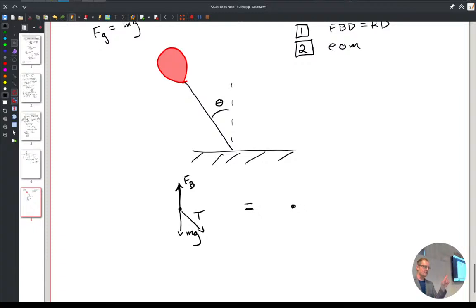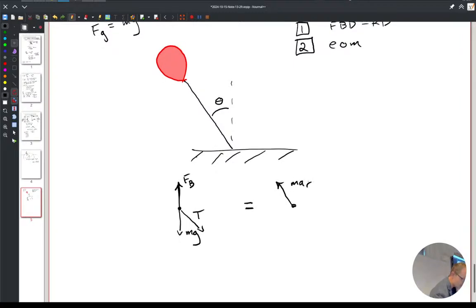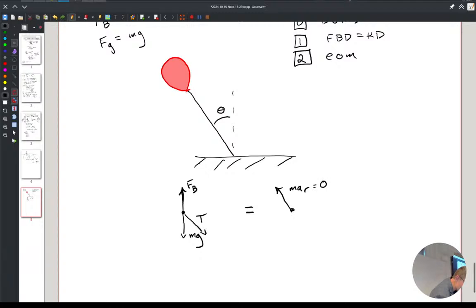All right, so then I'm going to draw the kinetic diagram. Along that tension, it's my m a_r, that radial acceleration. That one has to be 0 because it's not accelerating away. I'm drawing this because I like to maintain e_theta in the same direction, always off of the x-axis, off of my theta equals 0 line.